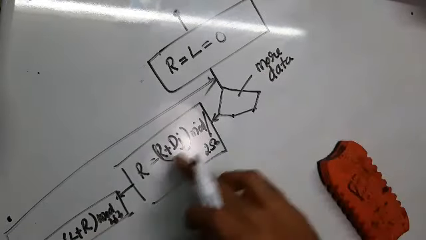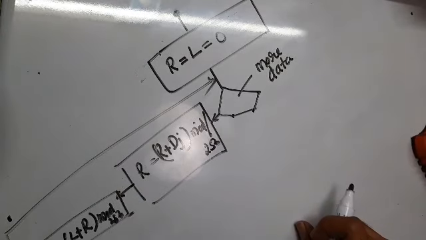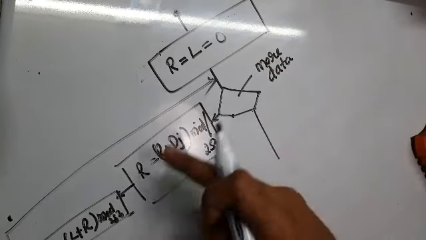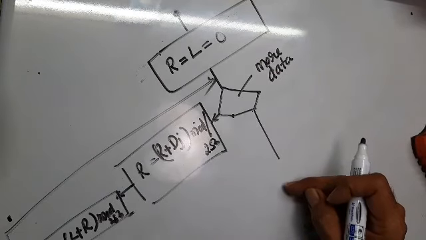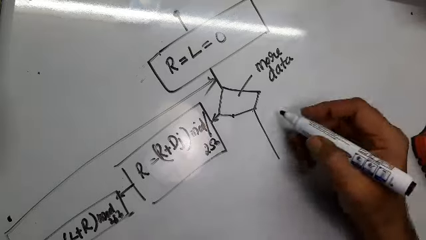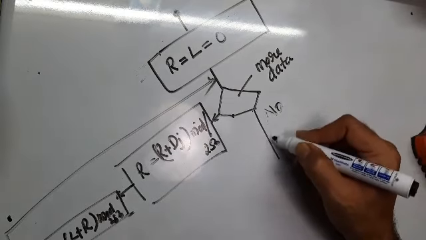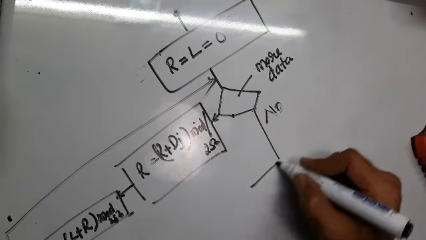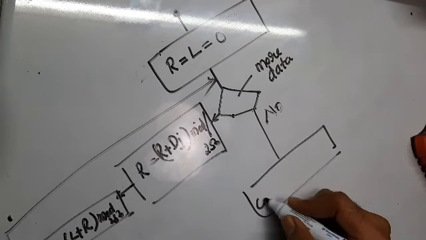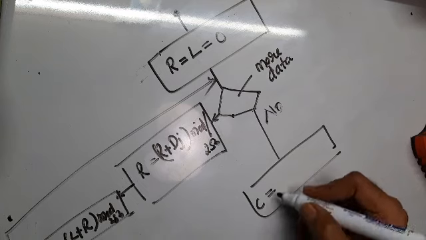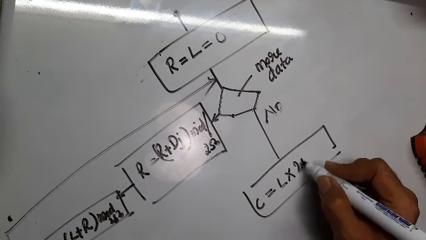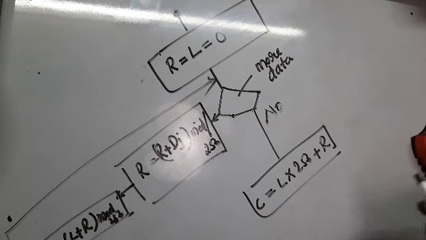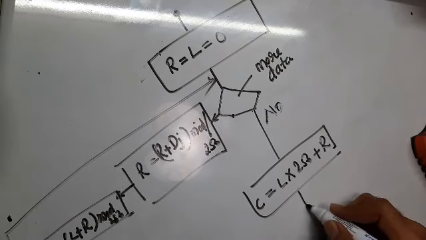This addition continues, and the loop stays in place till all the data words get added. The moment there are no more data words, we come out of the loop. Then I'll find the checksum. C is equal to L into 256 plus R. This is how the checksum is going to be calculated. Then stop.